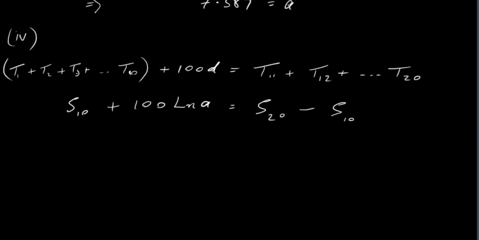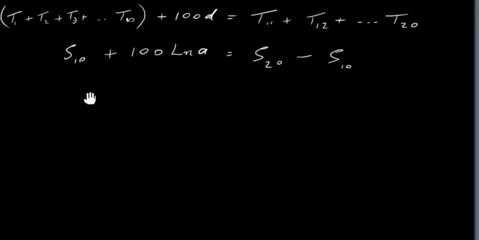So on the left hand side then we've got S10. So S10 is going to be, using the formula that we used earlier, 10 over 2 times twice the first term, which is log A, plus n minus 1, 10 minus 1, which is 9, times our common difference, which is log A. So that's the formula for the sum of the first n terms.